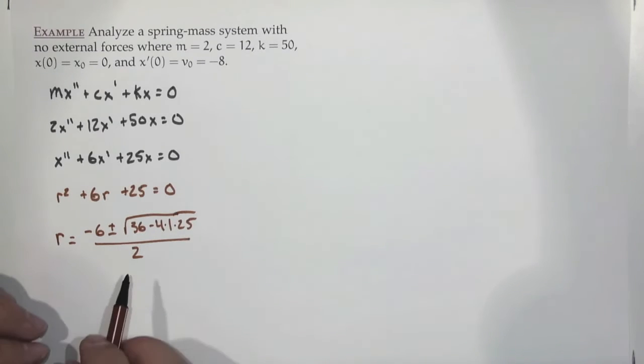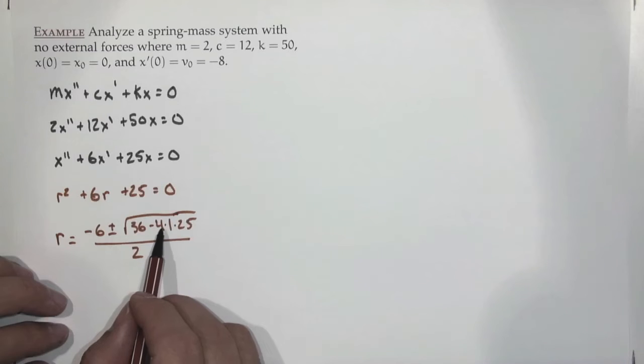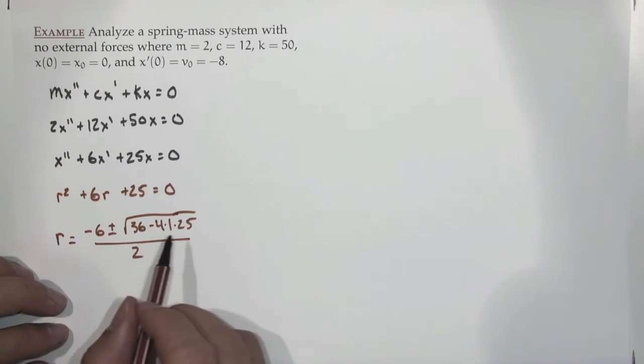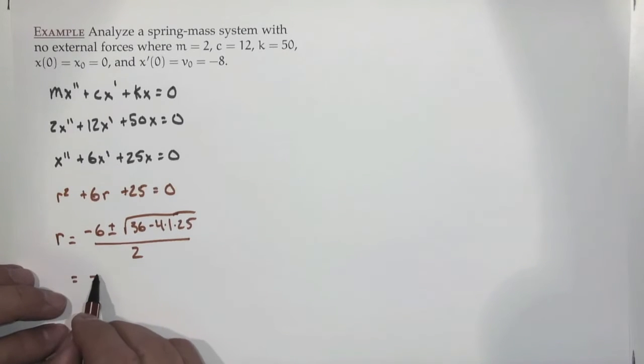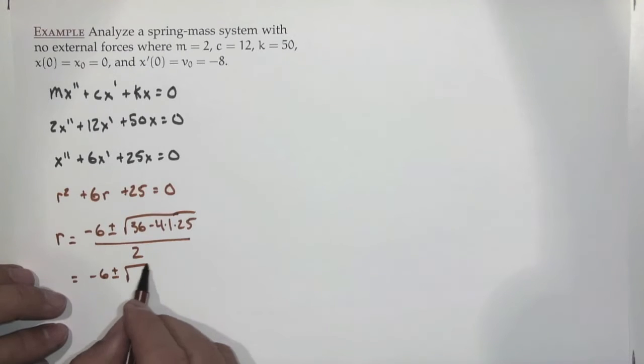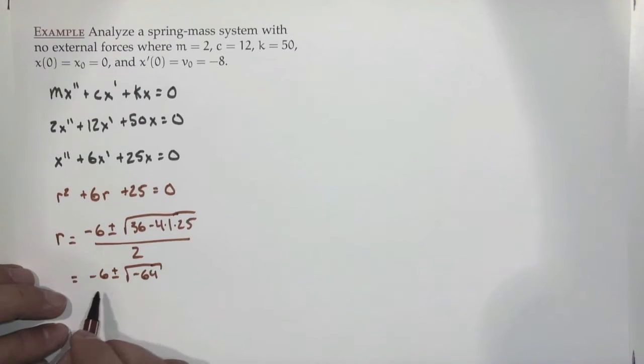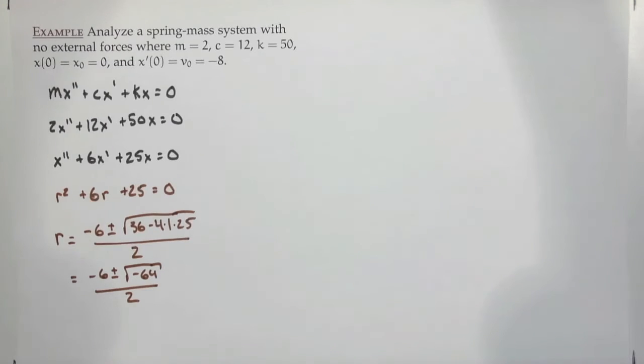Well, 4 times 1 times 25 is 100. 36 minus 100 is negative 64. There's a negative inside that square root. I think things might be getting a little bit complex.